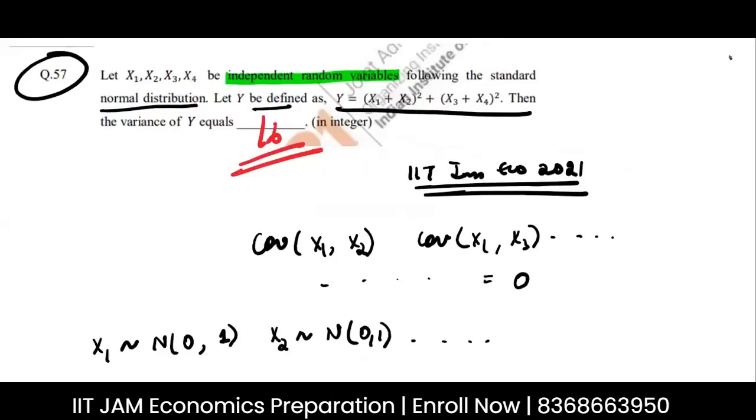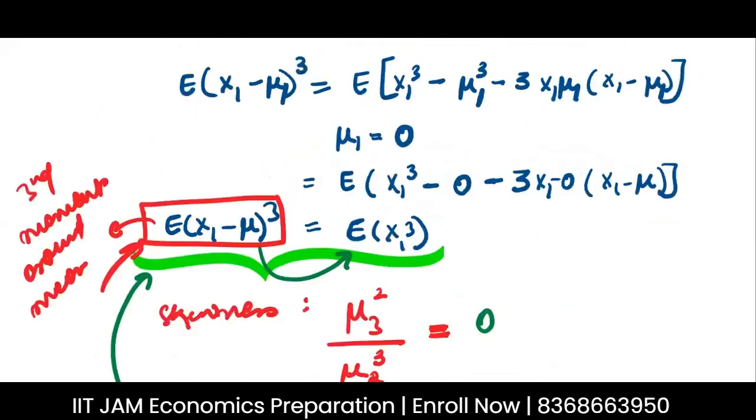Although I spent a lot of time proving a lot of things, which is not required, you should just remember certain properties of a variable which is standard normally distributed, and I will list them down again.